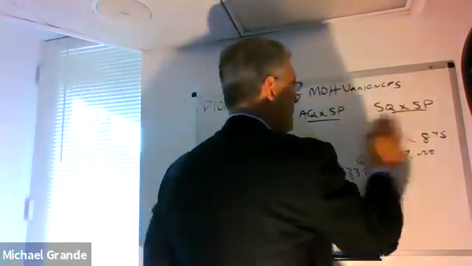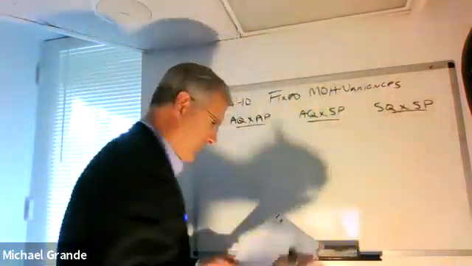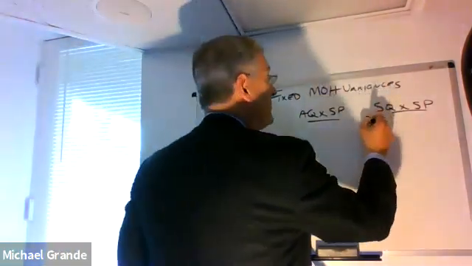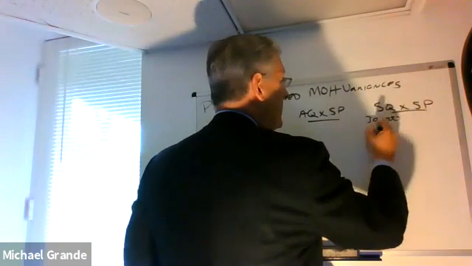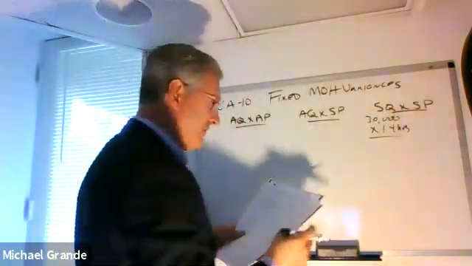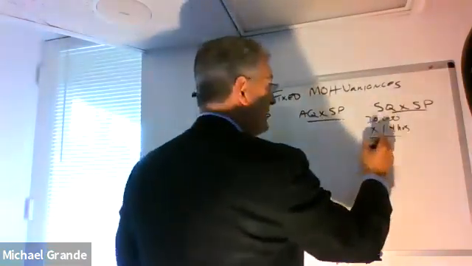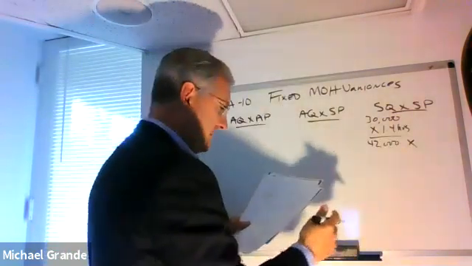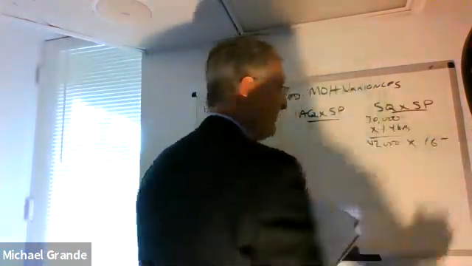Let's take a look at the direct labor variances. Again, for the standard, they produced 30,000 units. It should take 1.4 hours each. They should have used 42,000 hours. The standard price was $16.